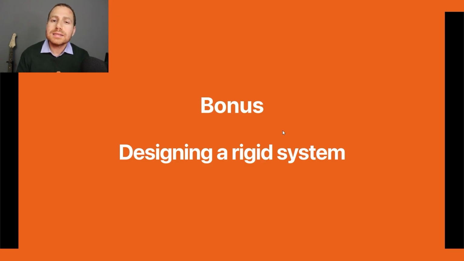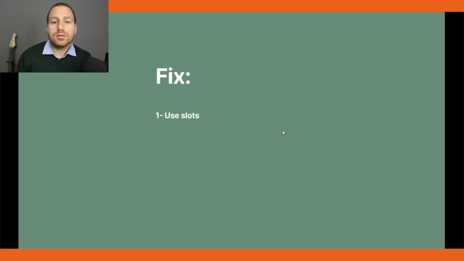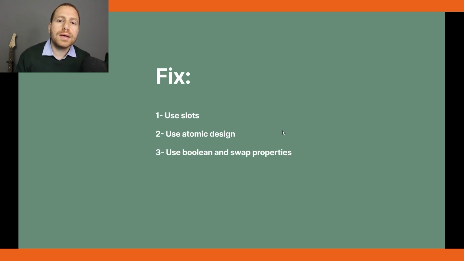So it should be as flexible as it is rigid. How to fix this? Use slots, use atomic design, use Boolean properties, use component properties, make it as flexible as possible. The more flexible it is, the less your designer needs to change it, and the less the designer needs to change it, the more scalable and consistent it will be throughout the whole design ecosystem.